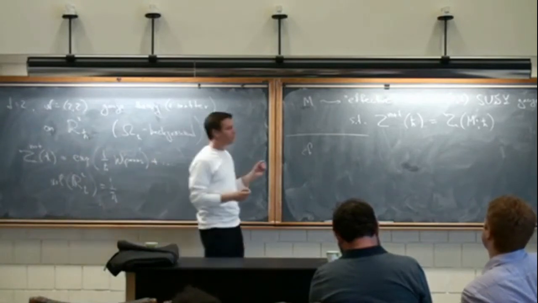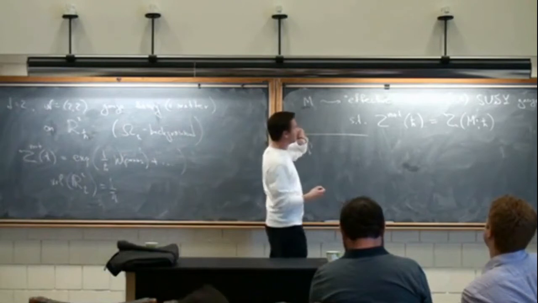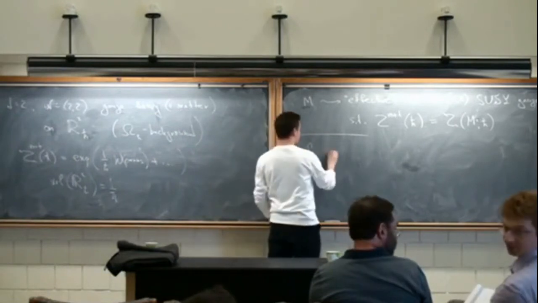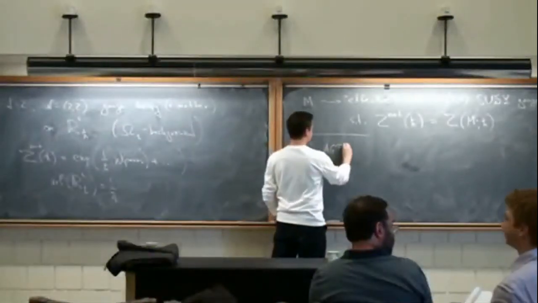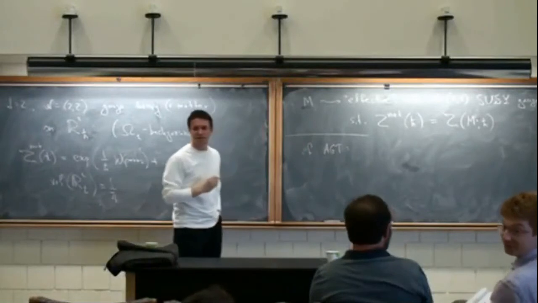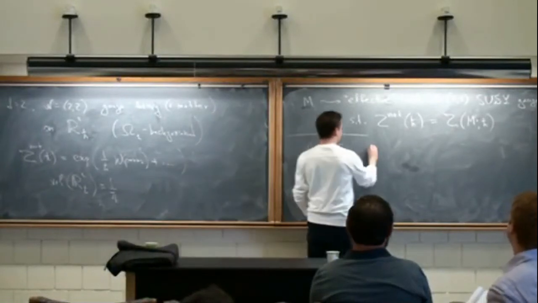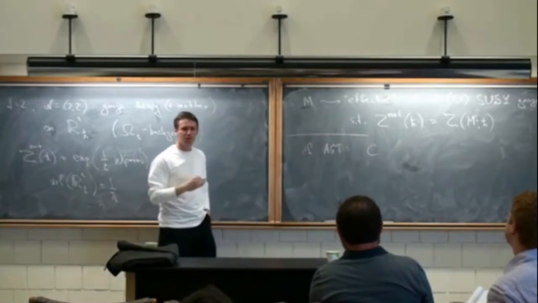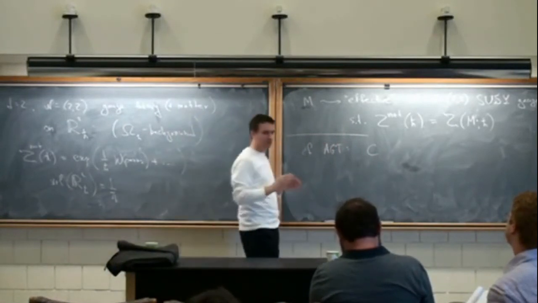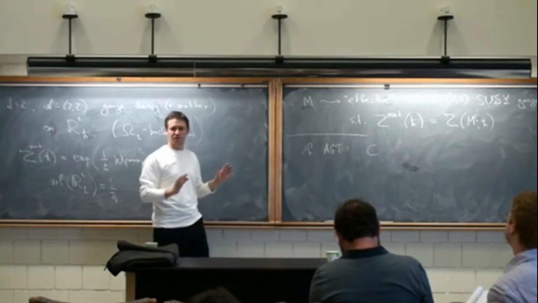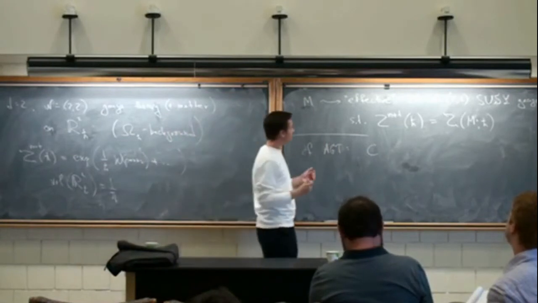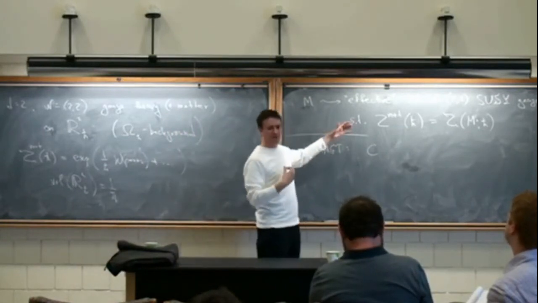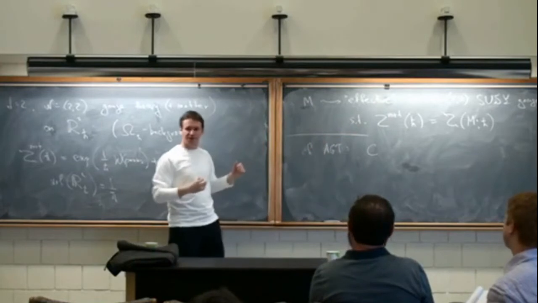Okay, so I want to take this correspondence and compare it to the AGT correspondence, which does something very similar. It starts with a Riemann surface C and aims to reproduce a partition function of a non-supersymmetric field theory on C, a Liouville theory, via the omega background of a supersymmetric gauge theory.